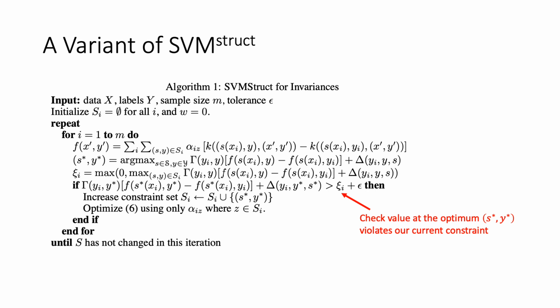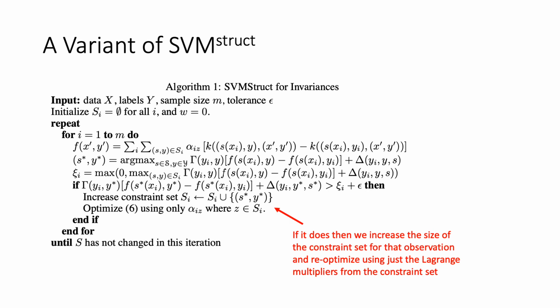That is this if statement right here. We need to check to see if it is worse than the worst current violator that we have. If it is, we then go add it to the constraint set.